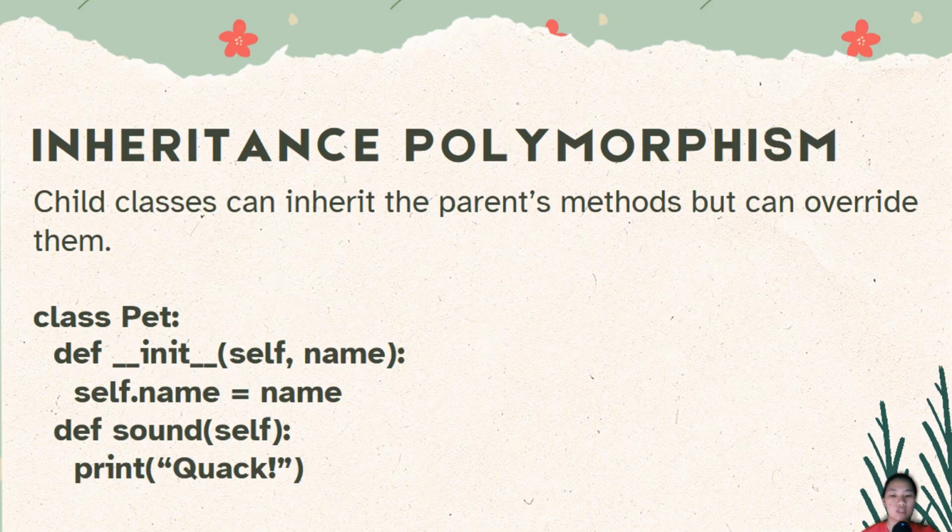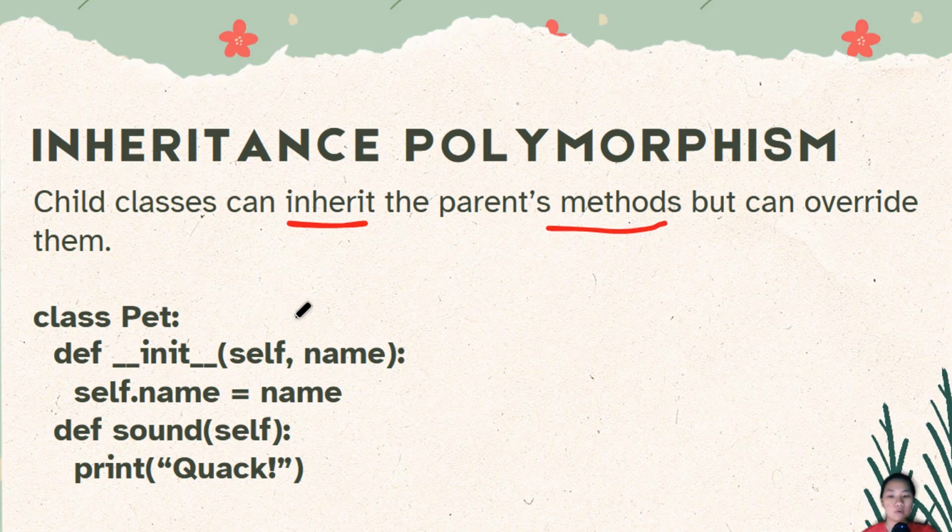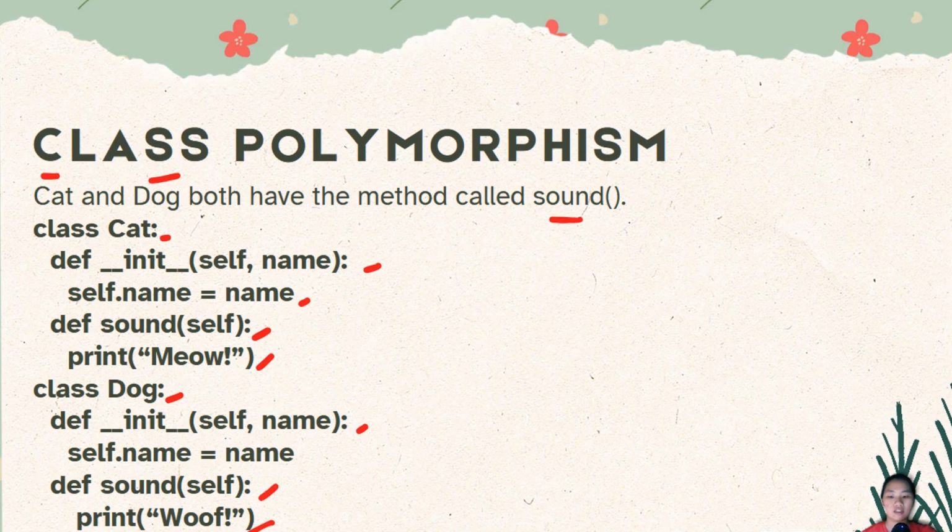Moving on to inheritance polymorphism. The child class can inherit the parent's methods, but it can also override them. I'm going to give you an example. This is the parent class pet with the init function, just name, keep it simple. And we have the sound function that we've seen over here. Sound is this one, same code.